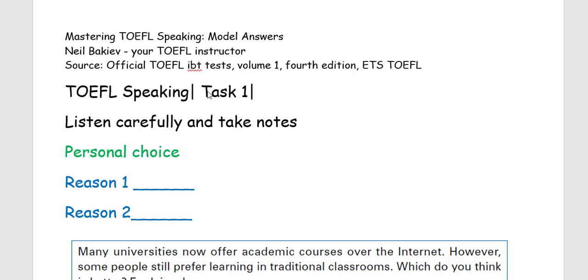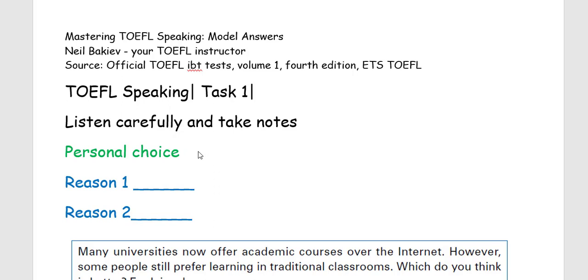And today we'll be looking at Task 1 taken from Official TOEFL iBT Tests, Volume 1, the 4th edition, ETS TOEFL. Now, what you need to do is to listen to the instructions carefully and take notes. Make sure to make one particular choice.